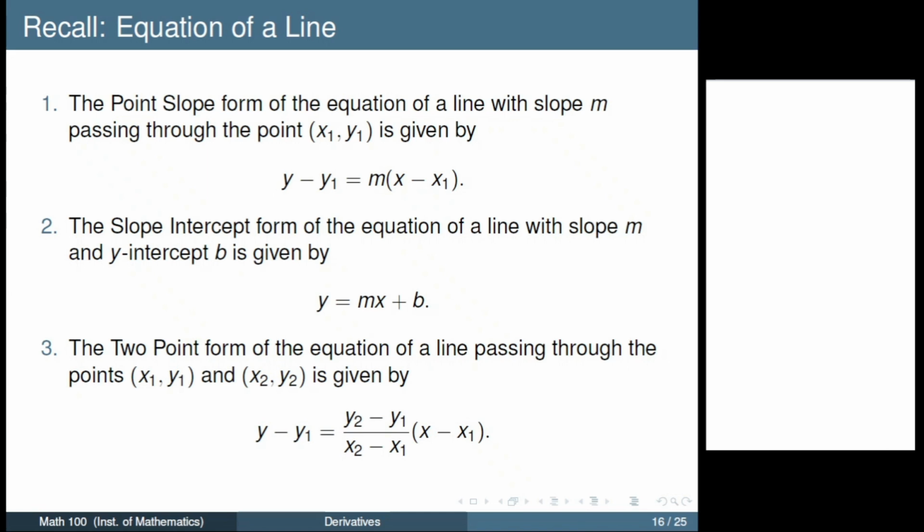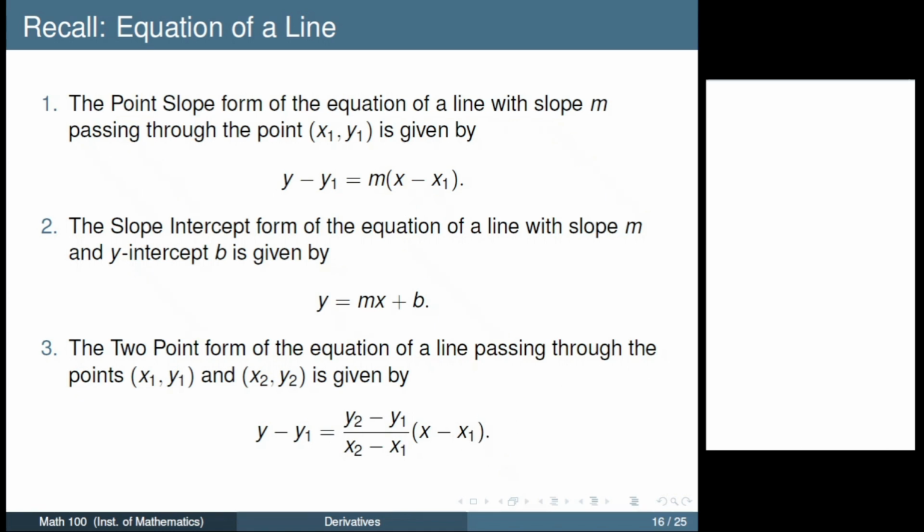Again, this is when you're given 2 points, x1, y1, and x2, y2, sorry. So, itong form na to, kung mapapansin nyo, that's just very similar to the point slope form, which is this one. Pero yung m natin ay in-expand lang natin yung formula for the slope, which is just rise over run.